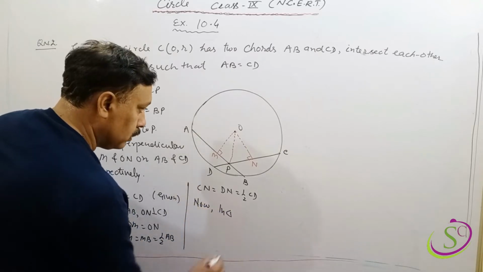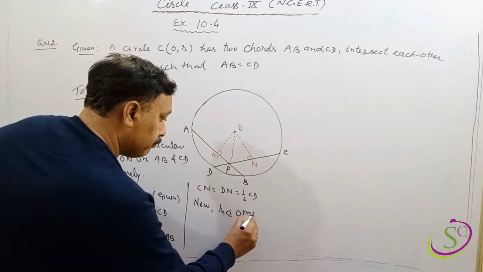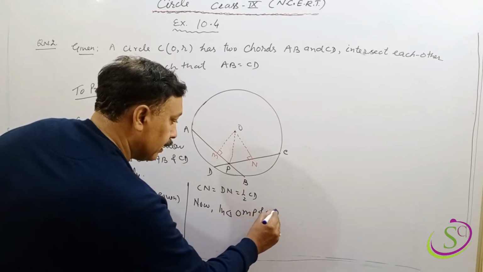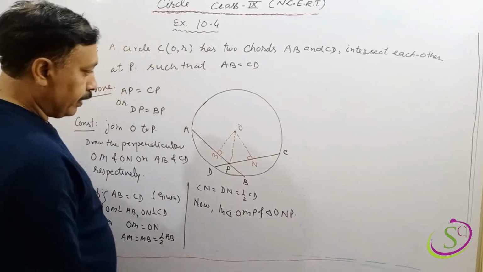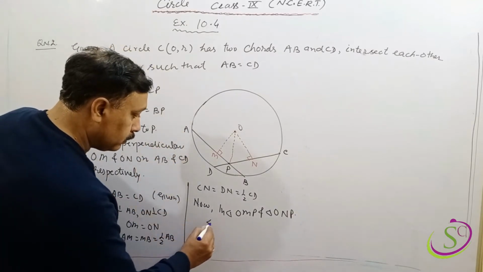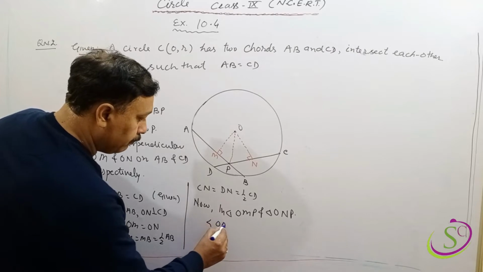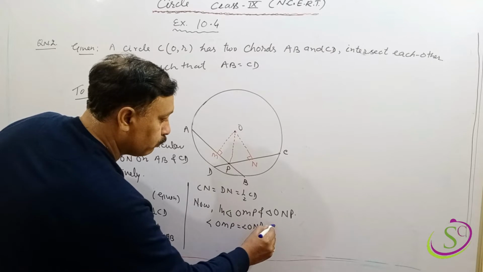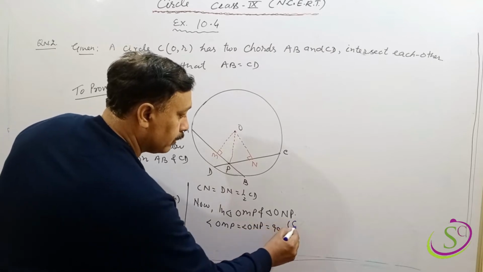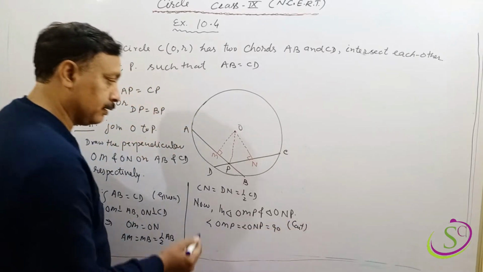in triangle OMP and triangle ONP, angle OMP equal to angle ONP equal to 90 degrees. Why? This is our construction.